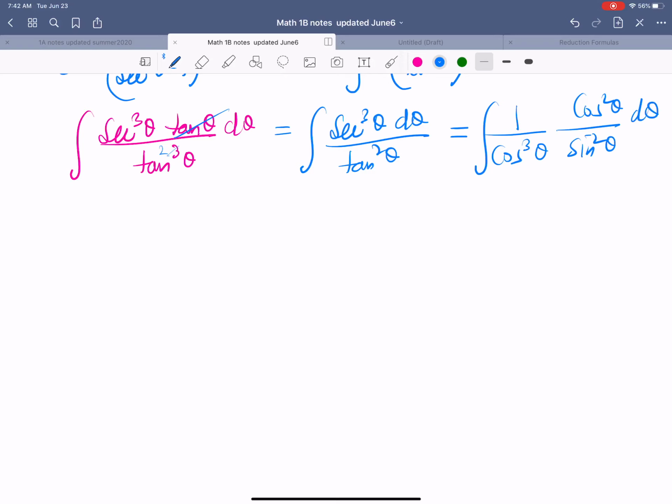Now, let us see. It looks like one of the cosines can be cancelled. I still have 1 over cos theta times 1 over sine squared theta.